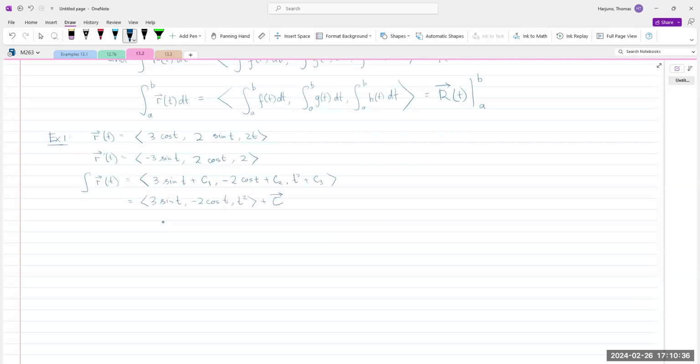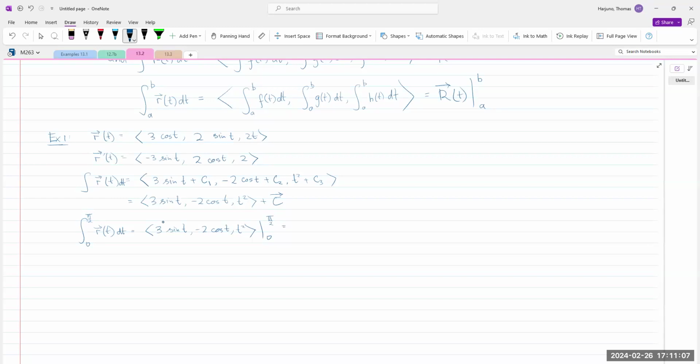Now then, how about the definite integral from 0 to pi over 2 of r(t) dt? Then that will be basically 3 sine t, negative 2 cosine t, t squared from 0 to pi over 2.